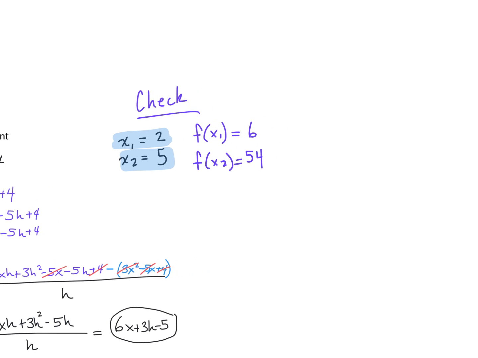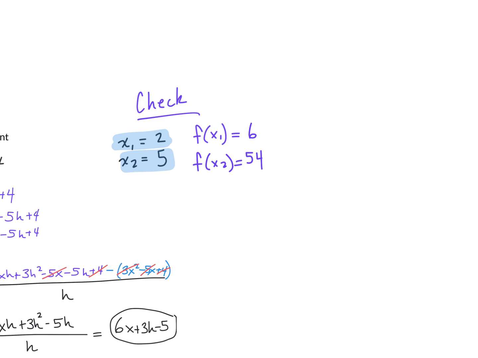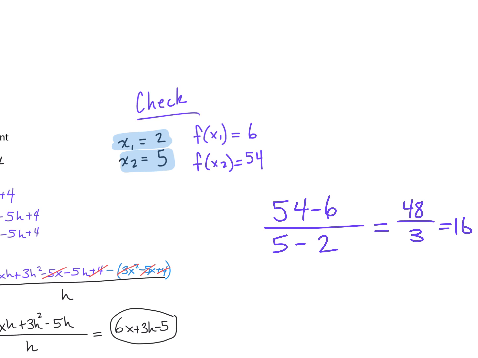So if I were to find the average rate of change between these 2 points, I would take 54 minus 6 over 5 minus 2, which is going to be 48 divided by 3, or 16.